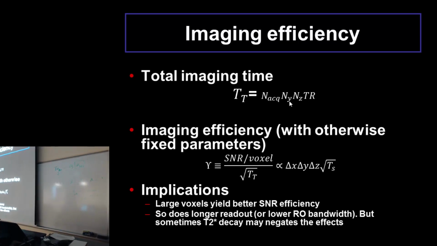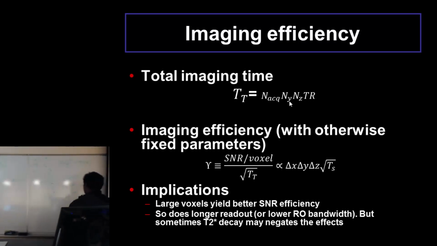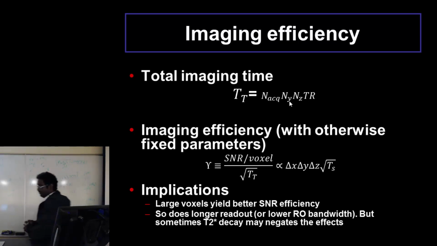So that's twice, not 2 square root 2, I'm sorry, I made a mistake there. You guys follow? Okay, so that's the portion of efficiency.